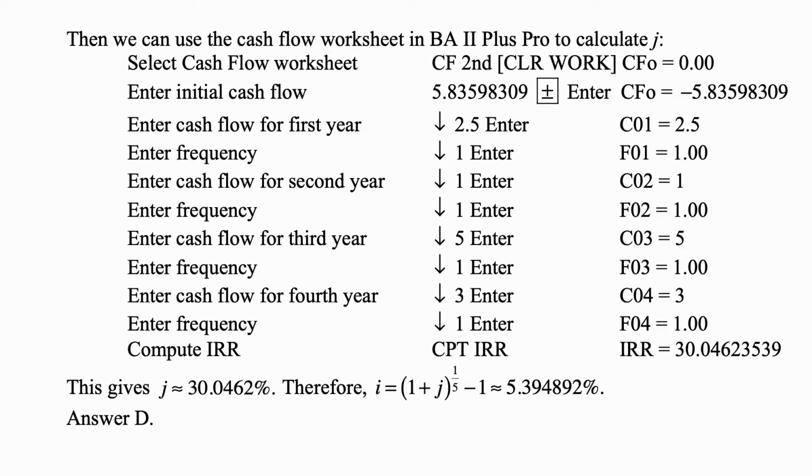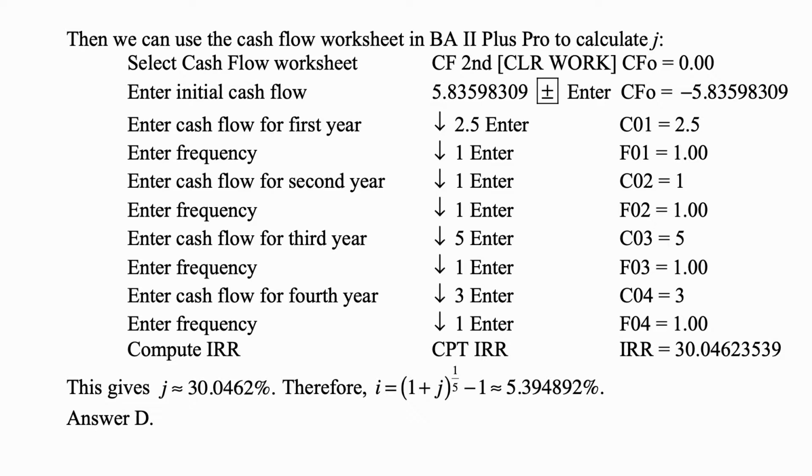And then cash flow for the first year is 2.5, frequency is 1, cash flow for second year is 1, frequency is 1, cash flow for third year is 5, and frequency is 1, cash flow for fourth year is 3, and frequency is 1, and then compute IRR, and IRR comes out to be 30.04623539.